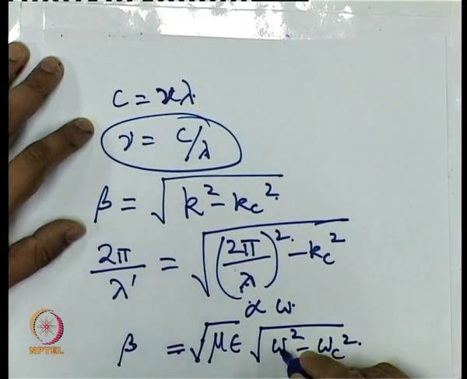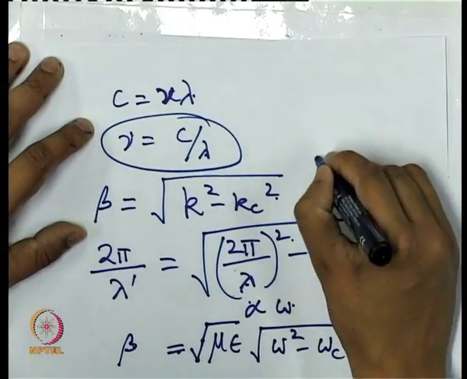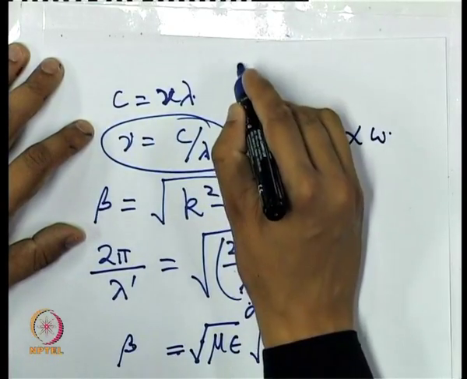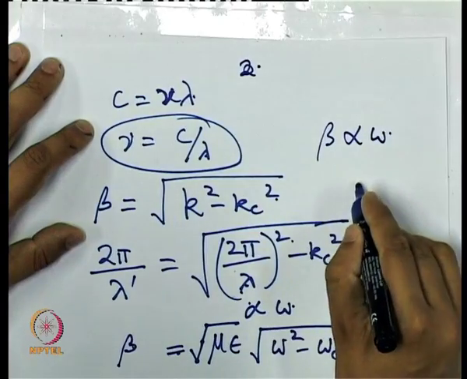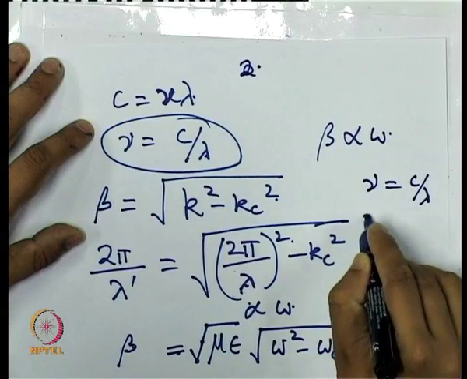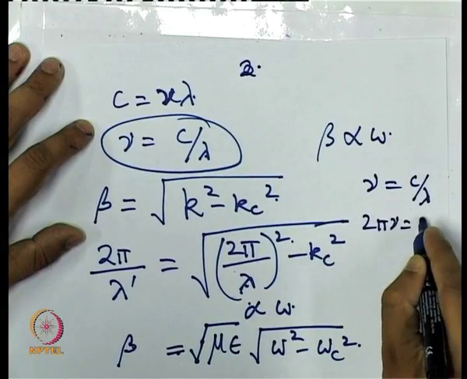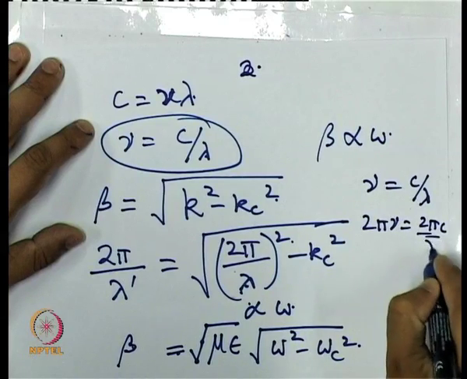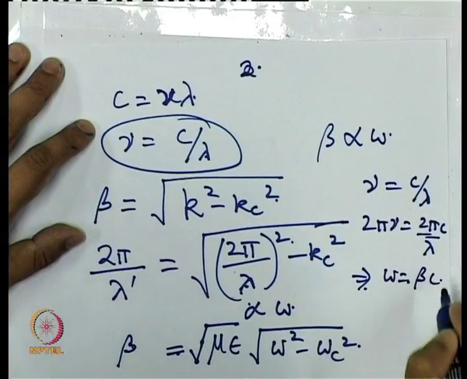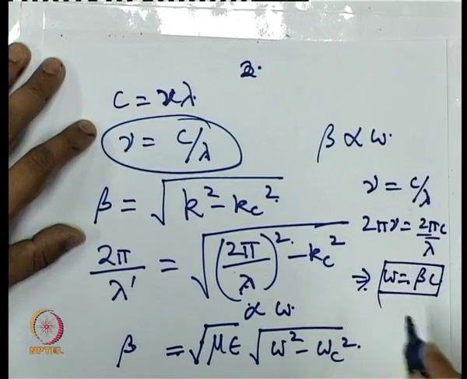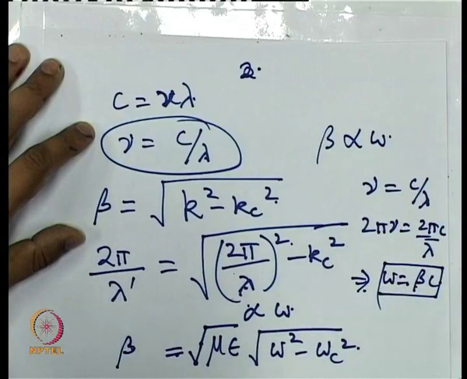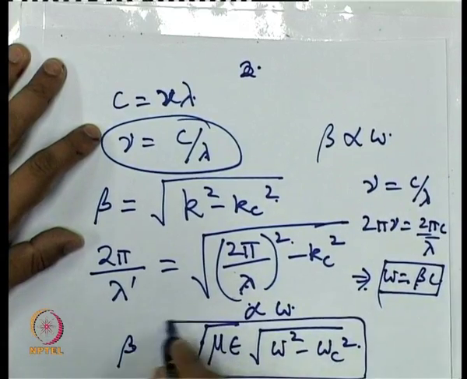Of course, for high values of omega, beta is again proportional to omega. So, initially the relation we were expecting was nu is equal to c upon lambda, or in other words 2 pi nu is equal to 2 pi c upon lambda. This implies omega is equal to beta c. So, here we had expected a linear relationship between omega and beta, but what we are actually observing is a relationship like this.